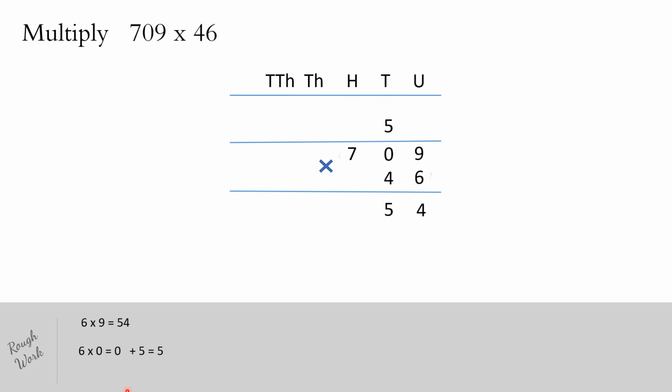Now we will multiply 6 by 7. So 6 7s are 42. We will write 2 at 100 place and carry 4 at 1000 place. But as there is no other digit to multiply, we will write this 4 as it is down.